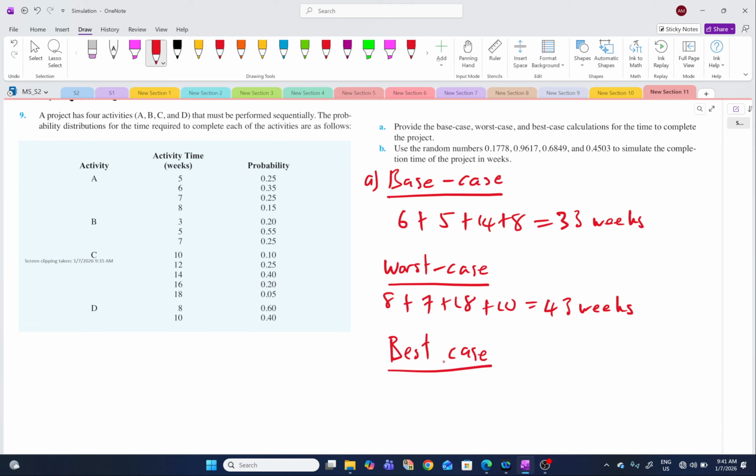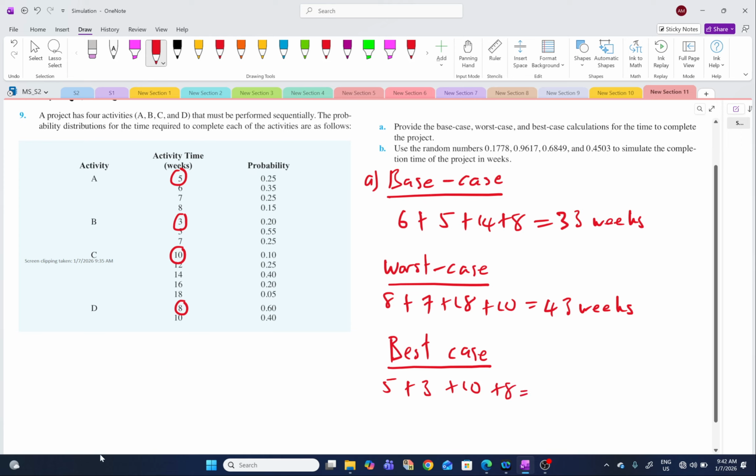Best case adalah masa yang ambil paling cepat untuk siapkan satu aktiviti. So here 5, here 3, 10 and 8. This is 26 weeks.